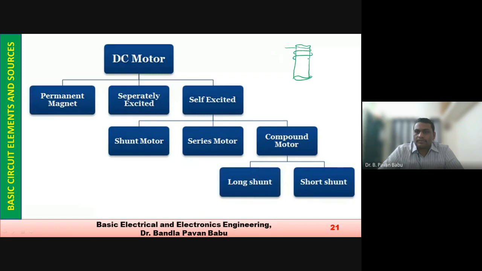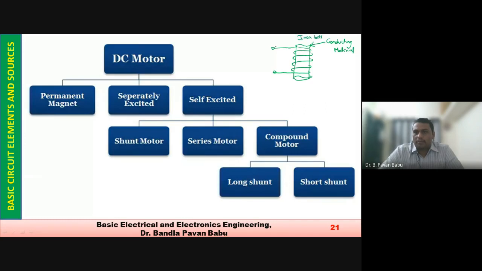If you observe this, this is considered as winding. This will be the conducting material. Let us consider for the time being it as an iron bolt.